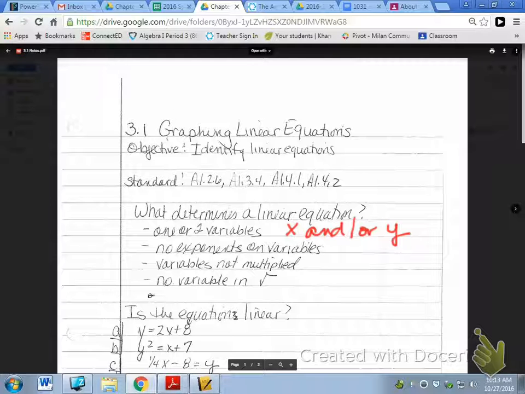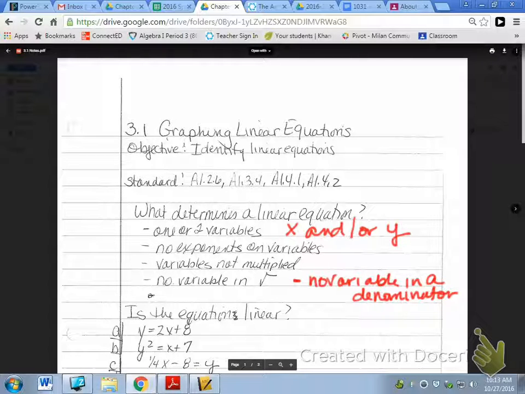The other thing that I want to mention, let's add to this list: no variable in a denominator. That also disqualifies it. It kind of goes along with the multiplied thing maybe.